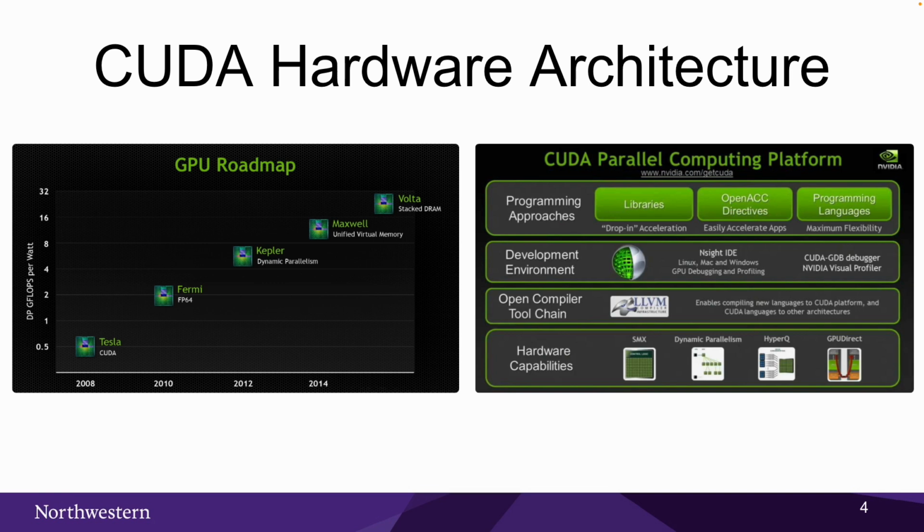The CUDA hardware architecture is engineered for parallelism. At the core of this design are streaming multiprocessors, also called SMs. Each contains numerous cores, warp schedulers, and on-chip shared memory. These streaming multiprocessors operate independently, handling different thread blocks and scheduling warps. Each warp, a group of 32 threads, is the fundamental unit of execution.